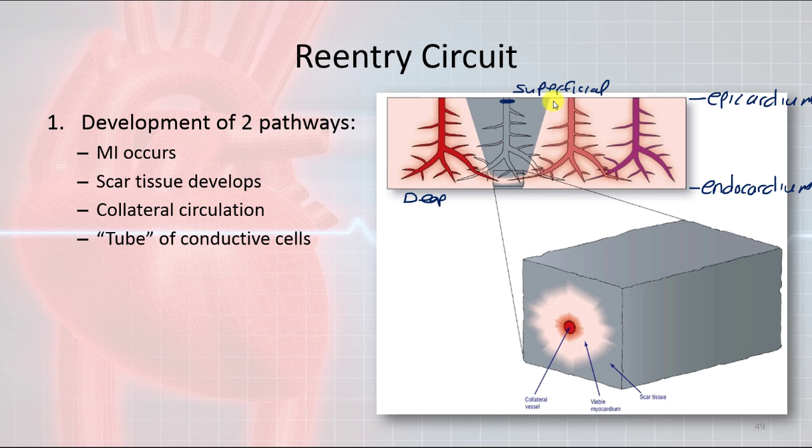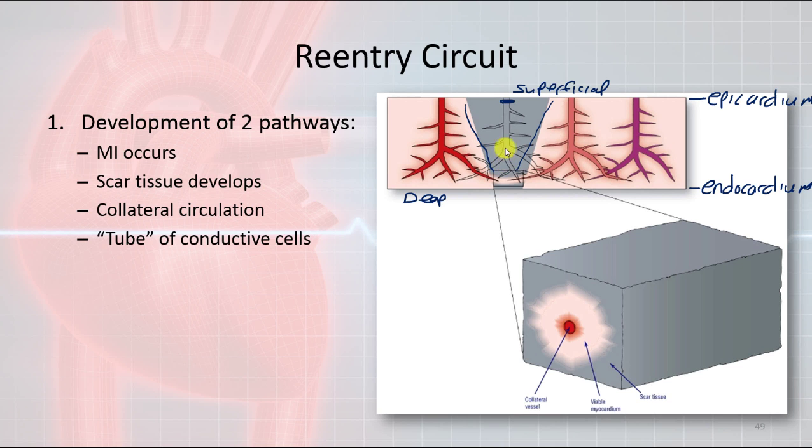What that does is it creates this wedge going down into the endocardium, this wedge of ischemia. It doesn't go straight down, it actually goes in towards like that. It's because of the circulation and the collateral circulation.